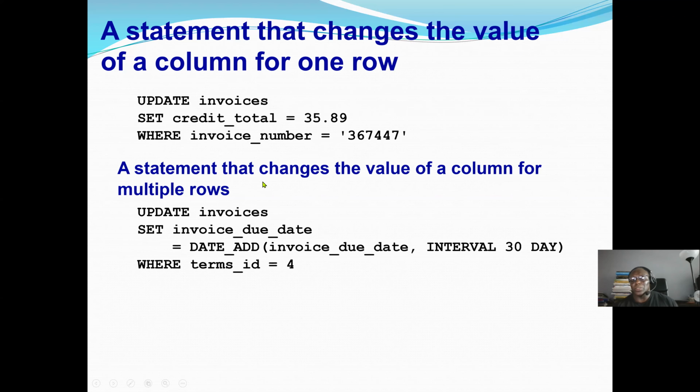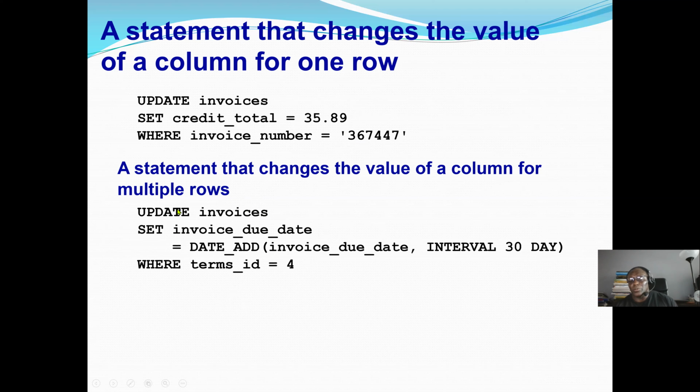Another example, a statement that changes the value of a column for multiple rows. So here we are changing the value. Here it's only one row, a row that have invoice number 367447, but here it's multiple rows.